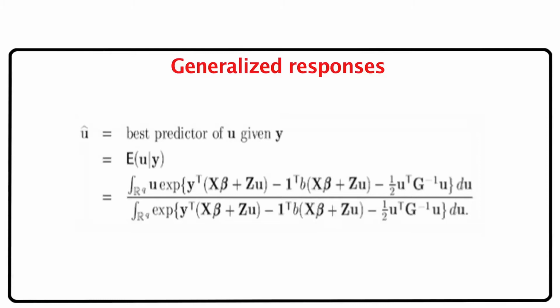But again, although we can work this out in theory, when we write out the expression, it is not easy to compute due to, again, the presence of intractable integrals. These intractable integrals arise due to the fact that U follows a distribution, it is random, and it must be integrated over.